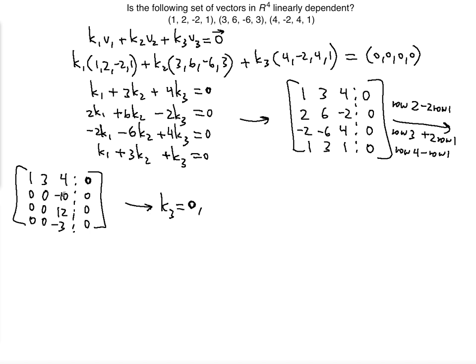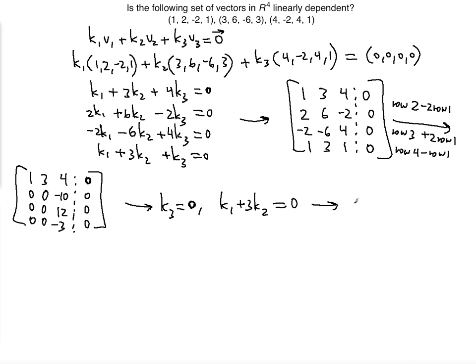In the first row, we will have k1, the coefficient times the first scalar, plus 3k2, the coefficient 3 multiplying the scalar k2, plus 4 times k3, but k3 is 0, so we set this whole thing equal to 0.